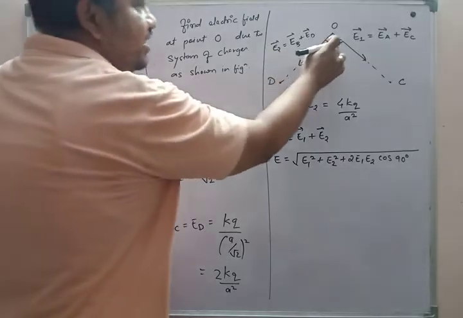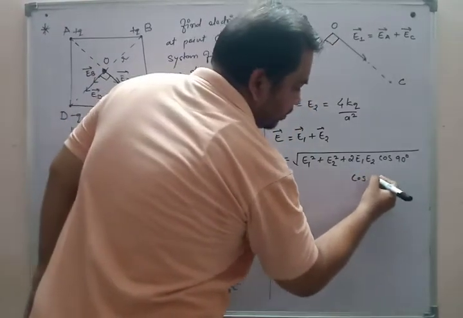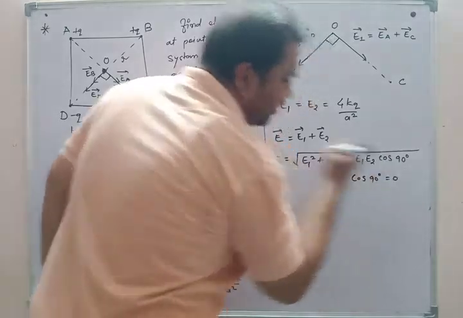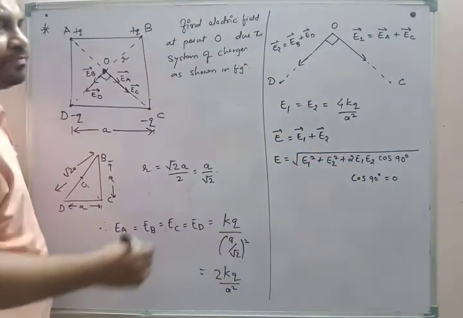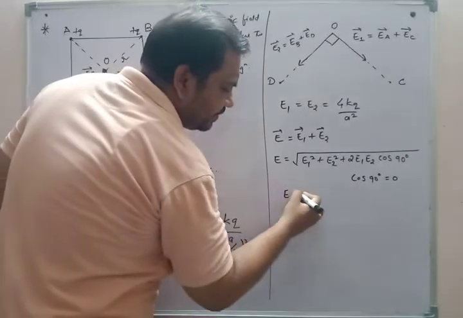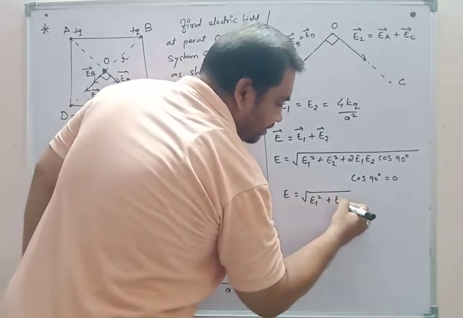The angle between E1 and E2 is 90 degrees, and cos 90 degrees is equal to 0. So the last term becomes 0, and finally E will be nothing else but the square root of E1 square plus E2 square.